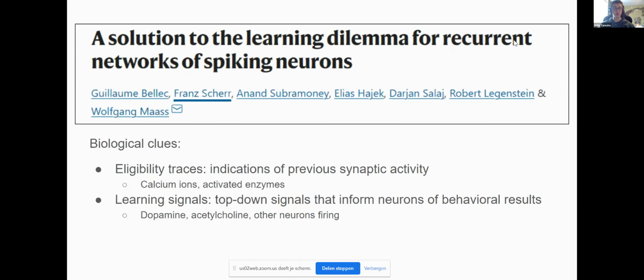And the other clue was learning signals. Those are top-down signals that inform the neurons of behavioral results. You can think of dopamine, acetylcholine, and other neurons firing as these kinds of neural learning signals.